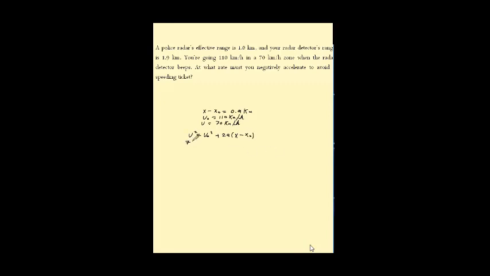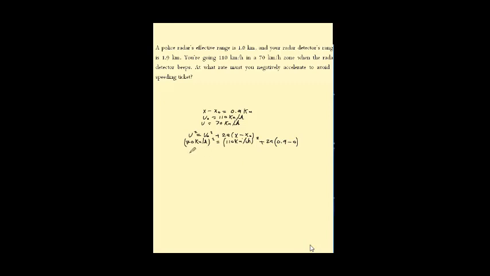V squared is 70 kilometers per hour squared equals 110 kilometers per hour squared plus 2a times 0.9 minus 0 in this case.